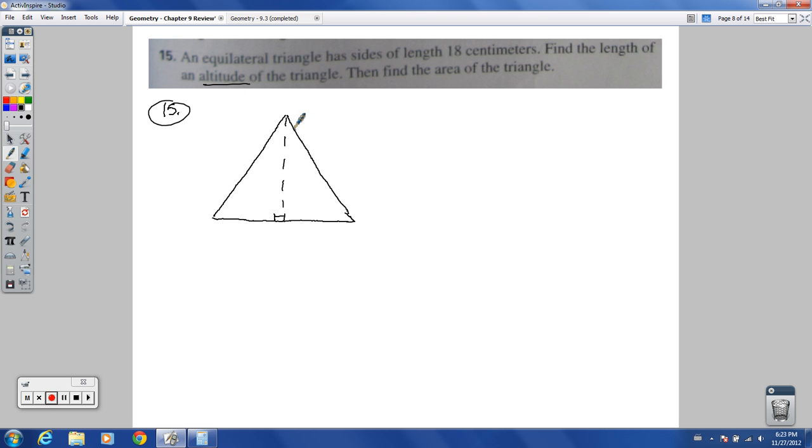This is going to be the altitude of the triangle. It says the side lengths are 18, so I know that all three of these would be 18. I could put 18 inches down here, here, and here. That would mean this would have to be 9 inches right here, and 9 inches right there.